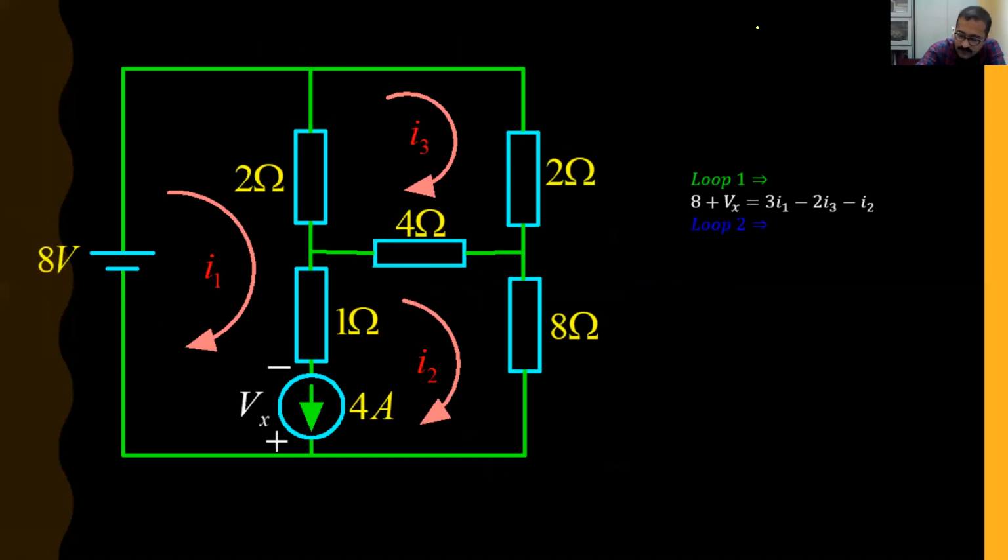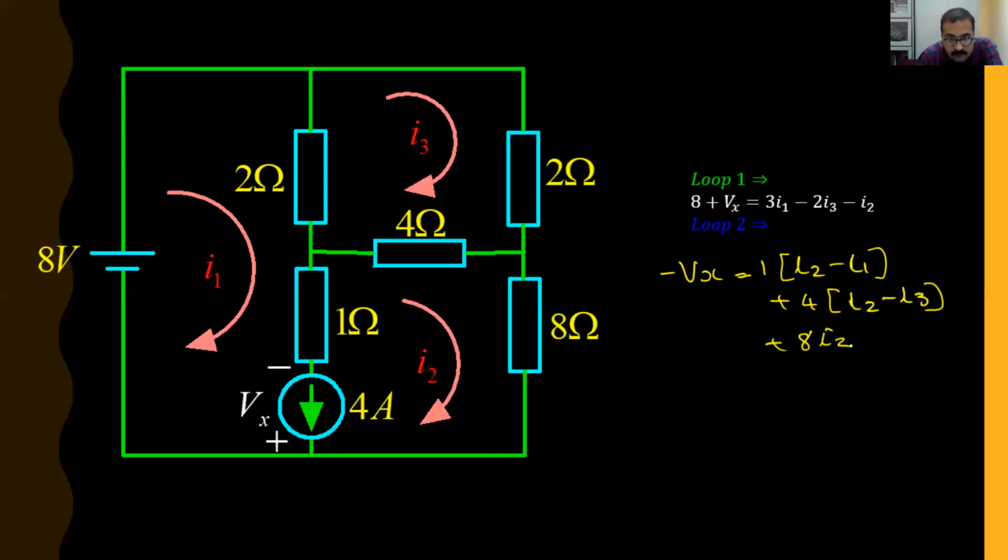Now we have to write the mesh equation for loop 2. For this assumed current direction, plus 2 minus potential drop, that means minus Vx equals 1 into I2 minus I1, plus 4 into I2 minus I3, plus 8 into I2. Are you with me? You are just applying KVL, right?